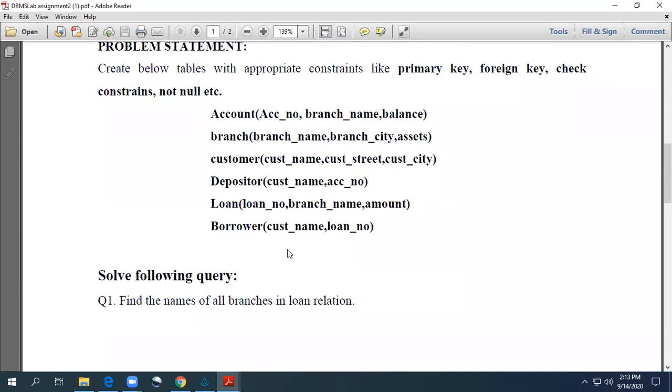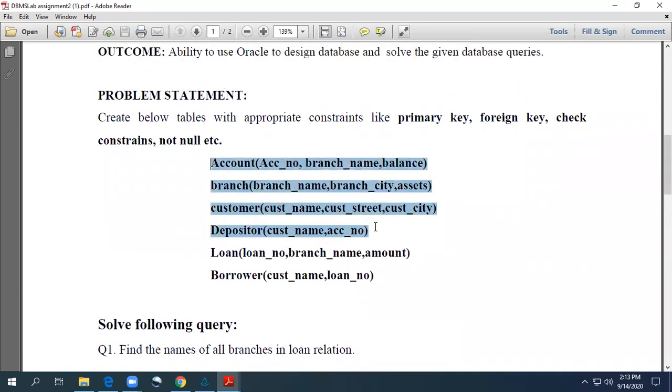Before that, I want to just revise what the database schema is for the problem statement. You know that these are the tables given in the problem statement: account table, then branch table, customer table, depositor, loan, and borrower, right? You know what fields are there, the primary key and foreign key, which we have already covered in the lab session.